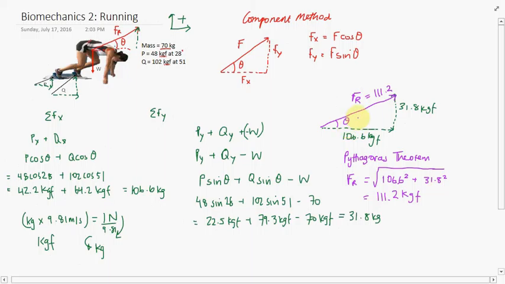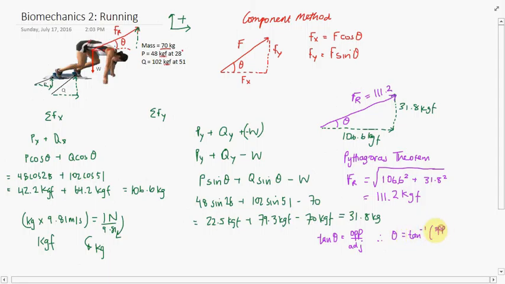So the only thing that I'm interested in now is this angle. Well, I've got two sides and a given angle. If I have this opposite and adjacent side, I will use tan. So the tan of the angle is equal to the opposite side divided by the adjacent side. And that means, therefore, the angle is equal to inverse tan of the opposite over the adjacent, which you'll put into your computer.